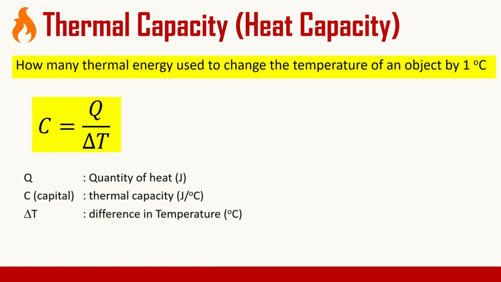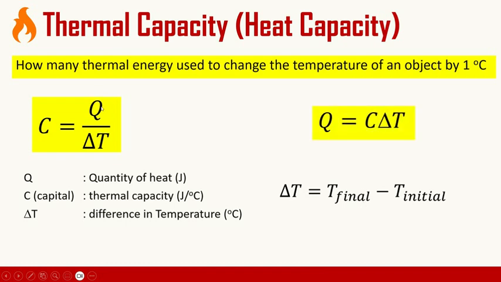Delta T: the T here is not time, which would be small t. This one is capital T, temperature, and delta means change, so delta T means the change or the difference in temperature. Since the thermal capacity is in joule per degree Celsius, the temperature must be in degree Celsius. If you don't know what the delta T is, just take final minus initial.